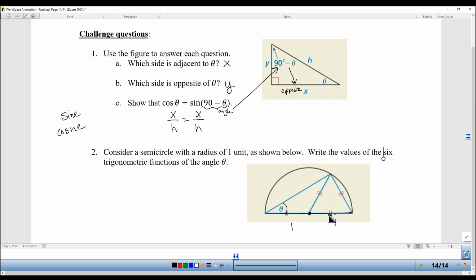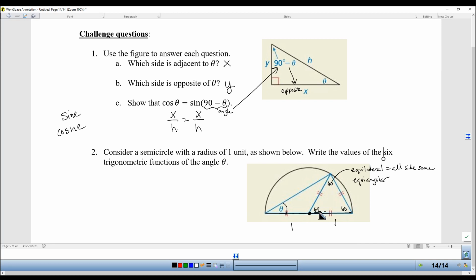Well, if this distance is the same as this, then we call this triangle an equilateral triangle. That means all sides are the same. But it also means that it is equiangular, which means this is 60, and this is 60, and this is 60.